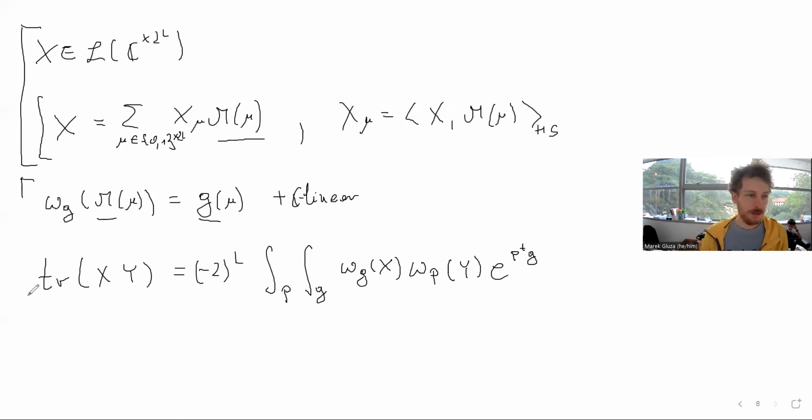And suddenly I get a way of computing traces, because what is the trace of two non-commutative operators? It's Grassmann integration of P and G. And maybe I missed something here, but we will be proving the formula next week.